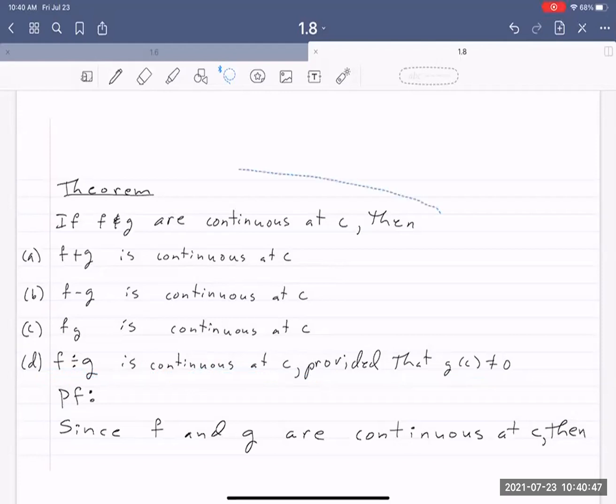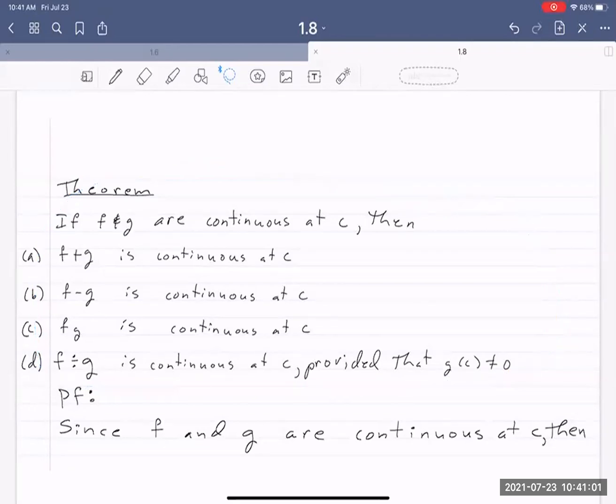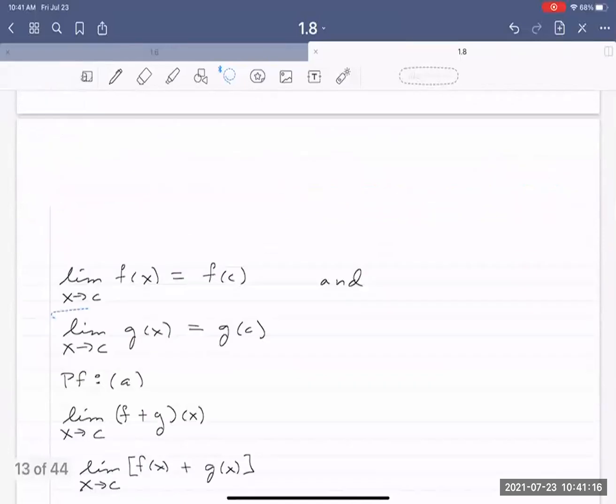And these are really just easy statements once you use that big theorem that we proved in section 1.7 and reproved in section 1.6. So let's try to show that the sum of continuous functions is continuous. Since f and g are continuous at c, then the limit as x approaches c of f of x is f of c.